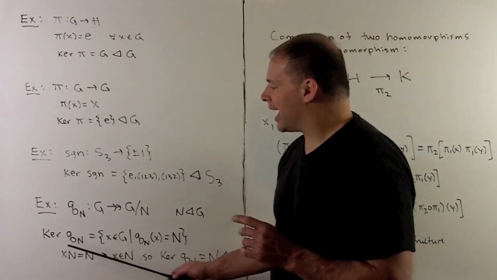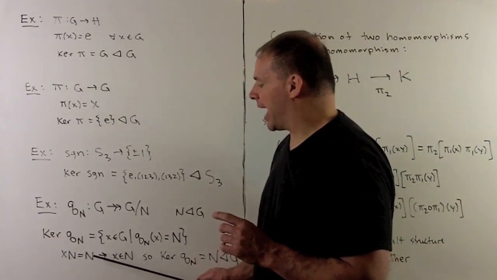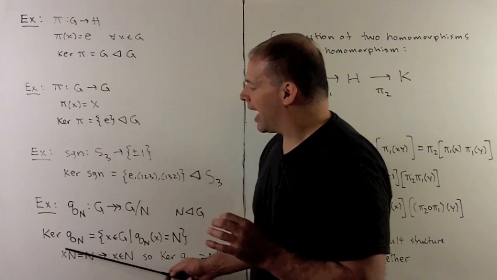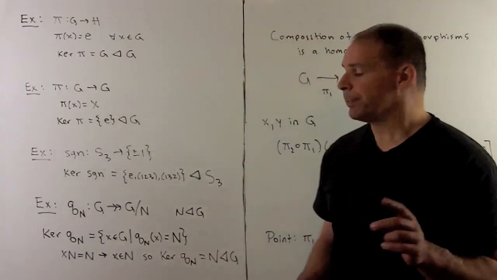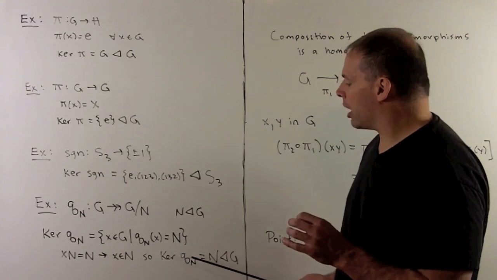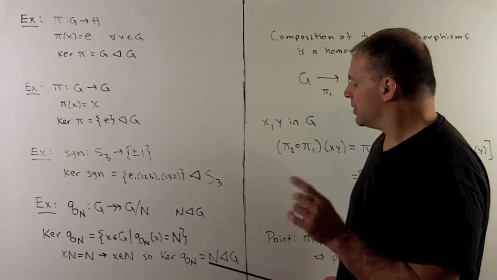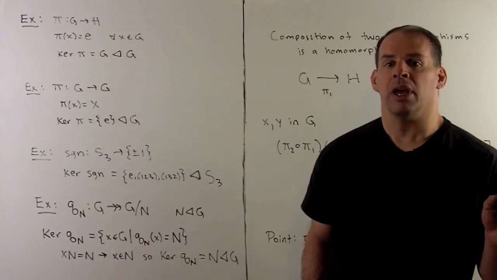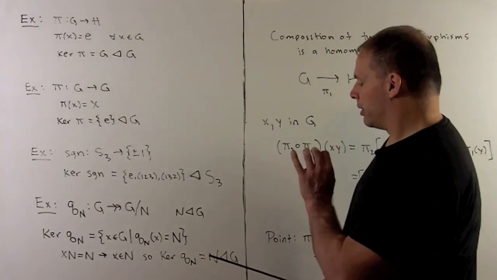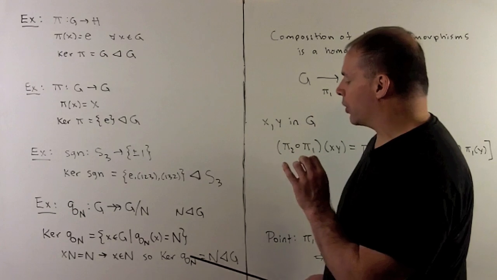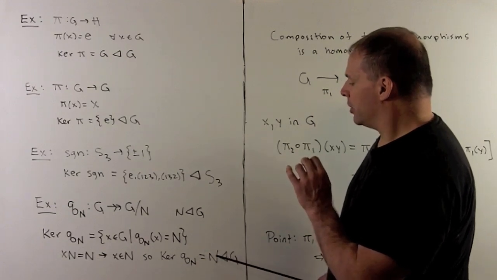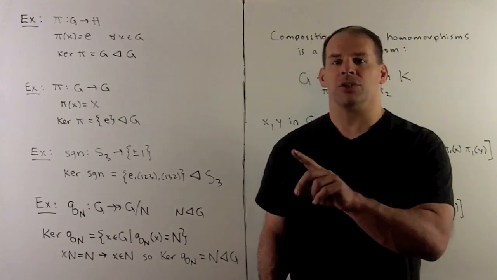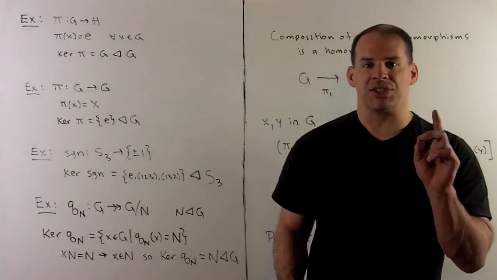So that means xN is equal to N. The only way that this can happen is if x is already an element of N. So that means the kernel of the quotient map for N is equal to N, and by assumption, N is normal in G. You'll note here, this is a precise statement. The way I go from N to a homomorphism is by the quotient map. To get back to the kernel, we just take N itself.